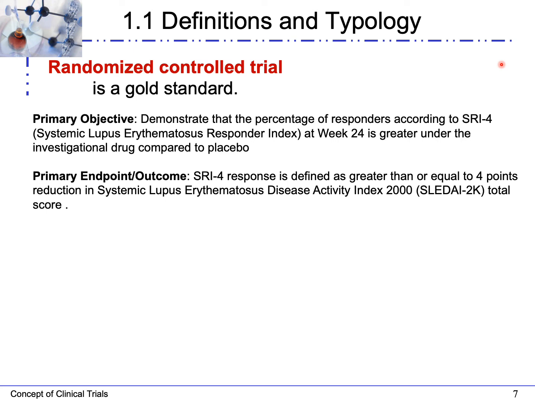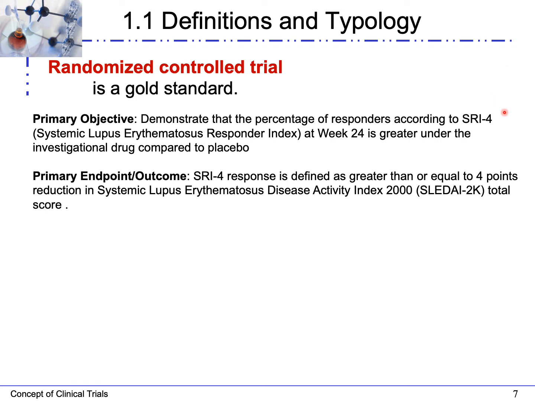SLE is an autoimmune disease in which the body's immune system mistakenly attacks healthy tissue in many parts of the body. Common symptoms include painful and swollen joints, fever, chest pain, hair loss, swollen lymph nodes, feeling tired, and a red rash, which is most commonly on the face.